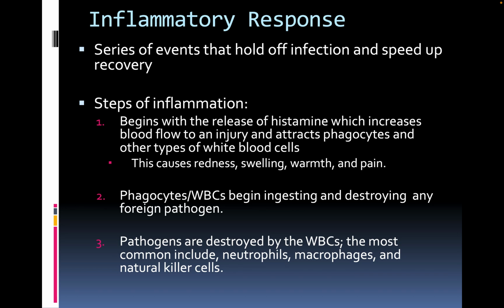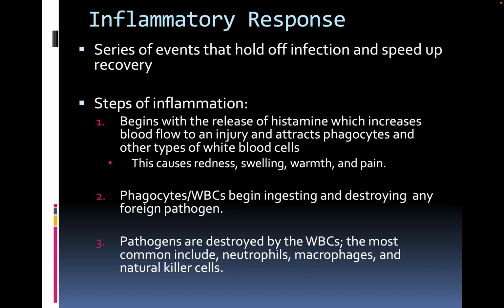So we'll go through these. The inflammatory response is basically a series of steps that try to keep the infection at bay and help speed up healing.